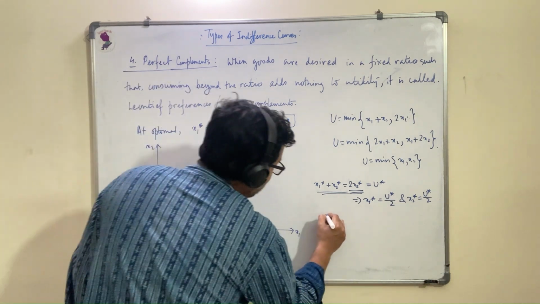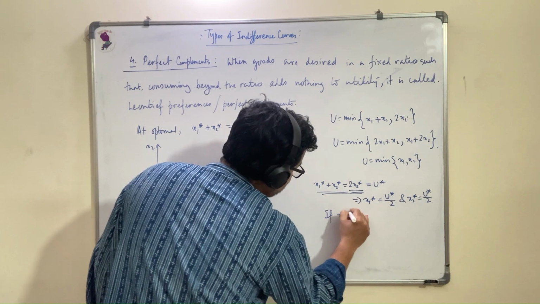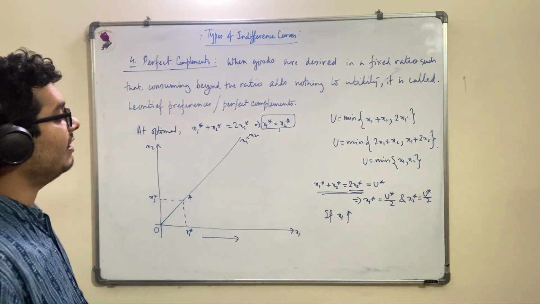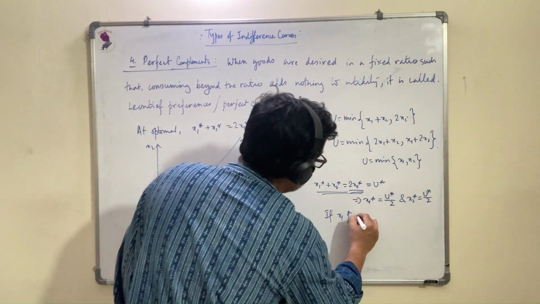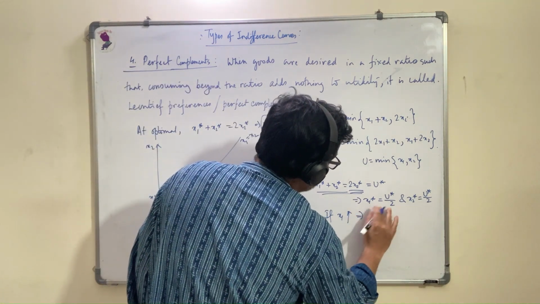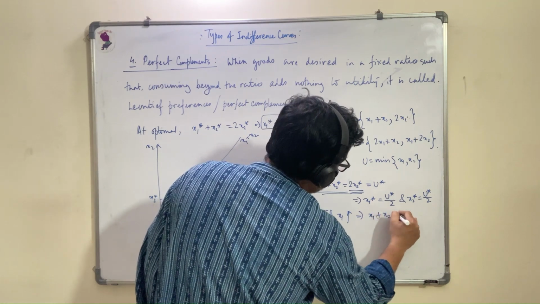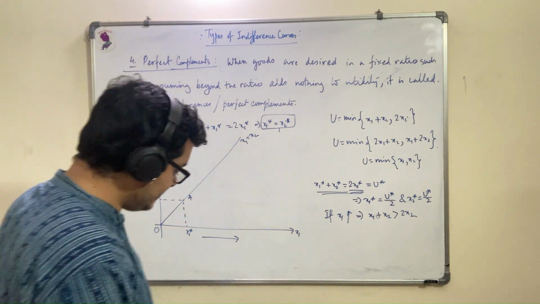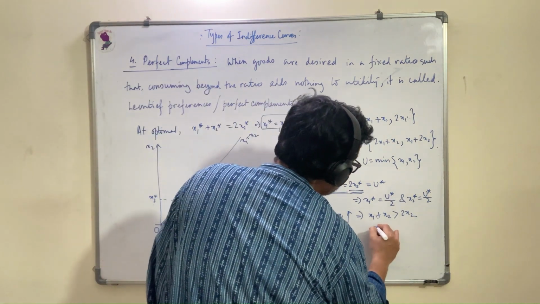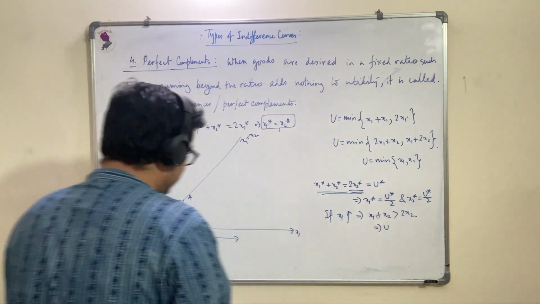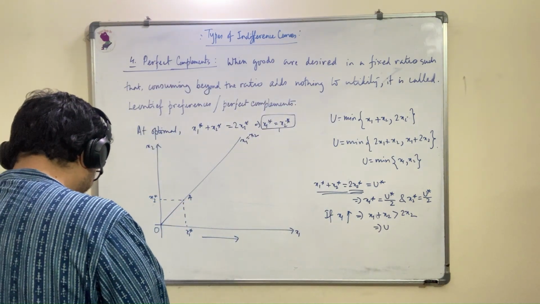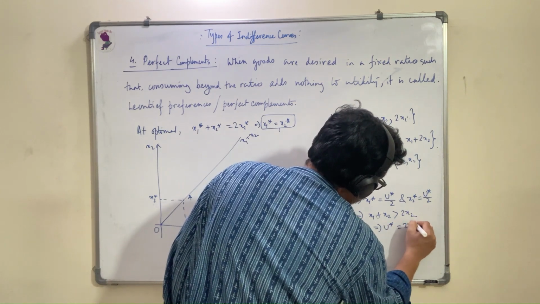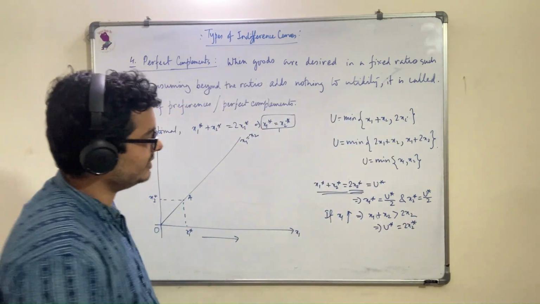Now, if x1 increases, that is in this direction if we go, then what will happen? This implies that x1 plus x2 will be higher than 2x2. And if that is the case, then the utility that will be there will be 2x2 star, because that is the lower side.